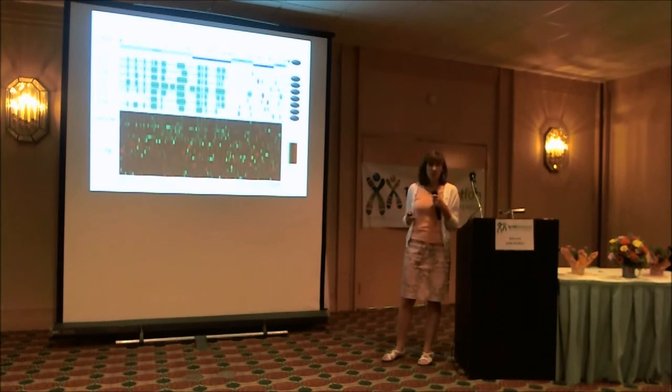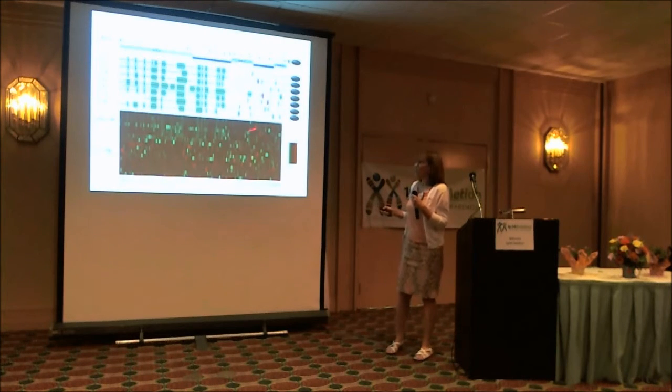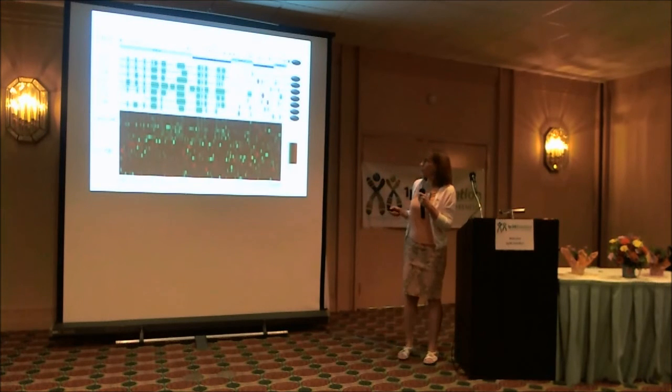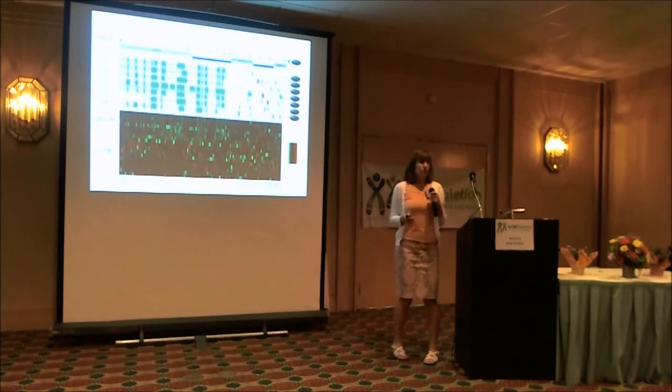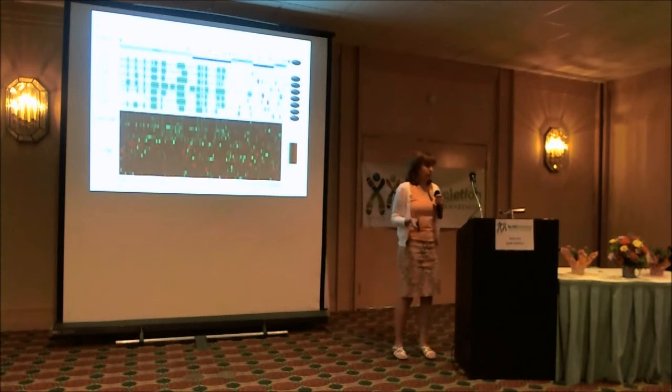But what was also interesting is when we looked at the genes outside the deleted interval, we didn't see that same consistent pattern. So we didn't see a whole bunch of genes in this region, in all of the individuals with the deletion, that show reduction or increased expression.